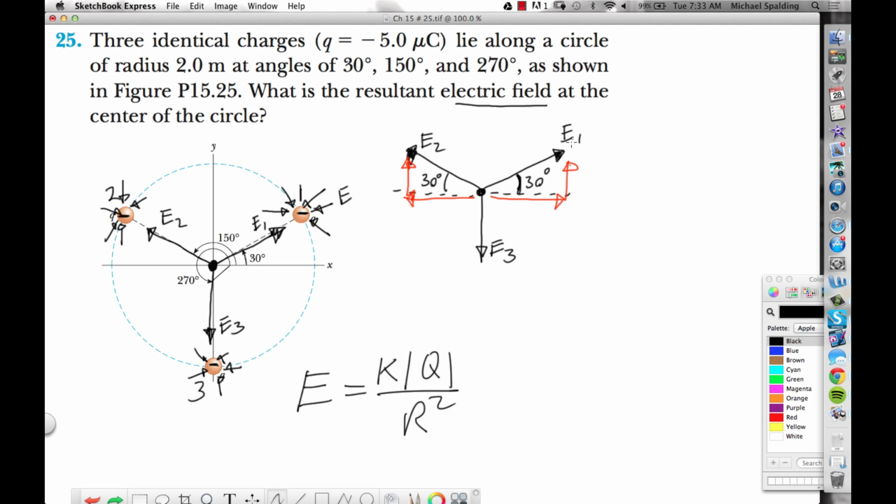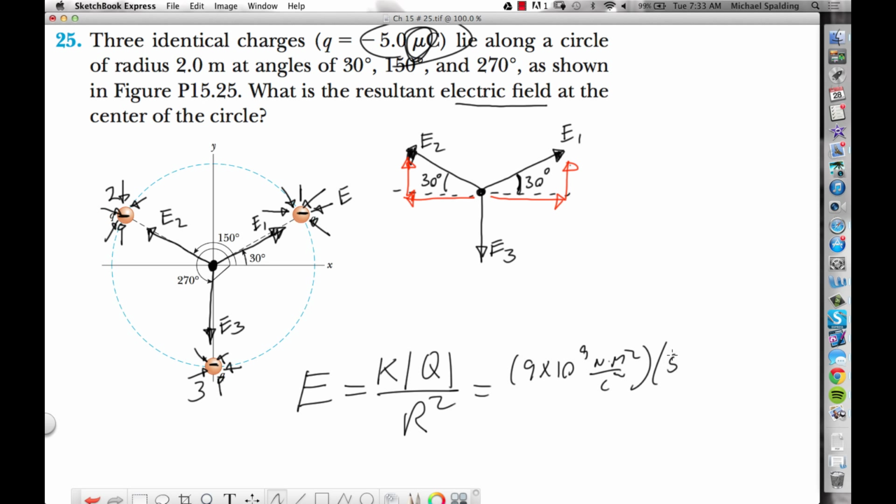So here's what you would do. You've got to calculate these electric fields. When you plug in, K is 9 times 10 to the 9th Newton meter squared over coulomb squared. Make sure you put the charge in coulombs. So what's micro here? 10 to the negative 6. So don't just plug in 5. Is that going to work? You've got to put it in coulombs.